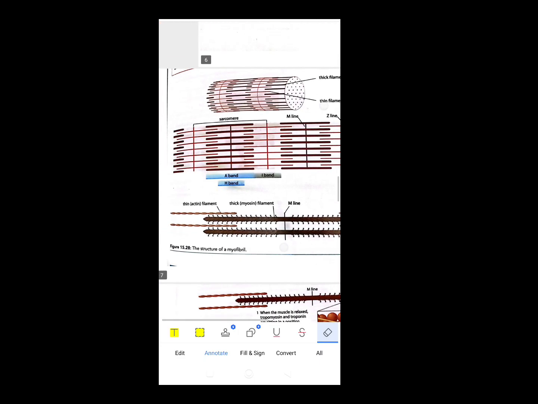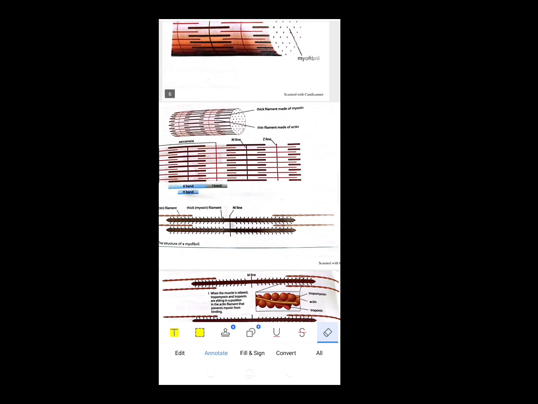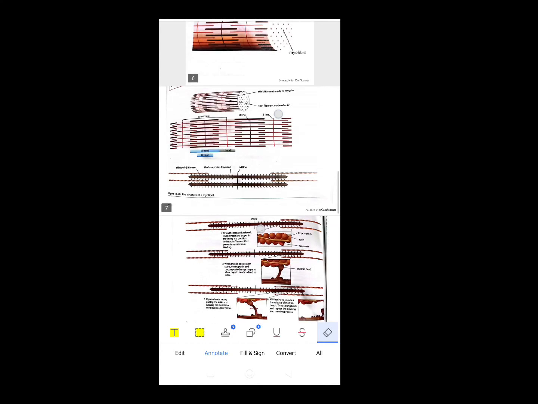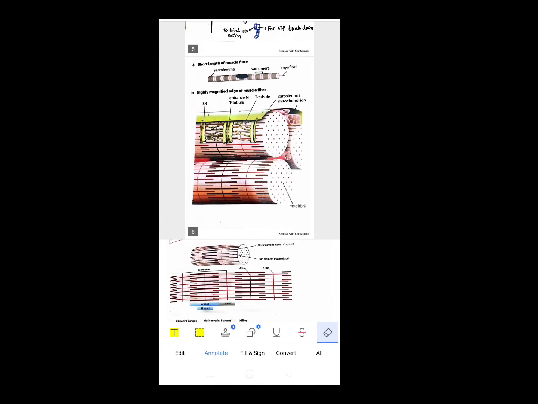And what is one complete sarcomere? You can see two Z lines. Z line is holding what? The light bands. And actually in the sarcomere, the two light regions and one dark region is present. So you can see that the two Z lines and one M line are present in one complete sarcomere. So this is all about the structure of muscle.